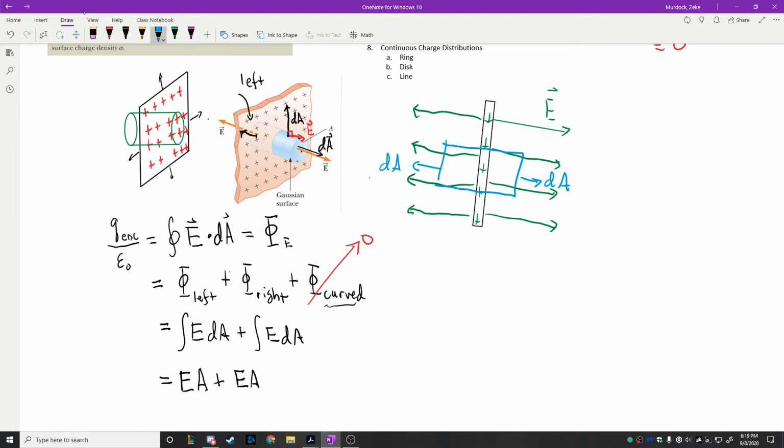So for example, if you'd chosen a surface like maybe a prism, but you made it so that it was angled like this, then you'd have these different angles and probably different values of the electric field at every point here, and then you might have to do the integral. But the goal of doing these Gauss's law problems is to never have to actually do the integral if possible. And if you do have to do the integral, you want to simplify it as much as possible.